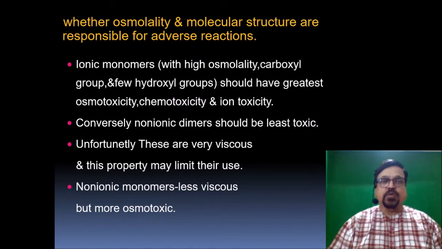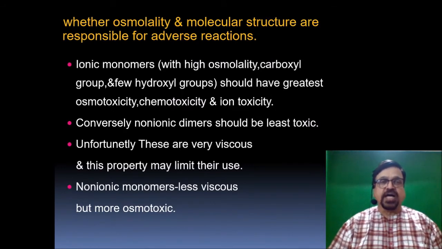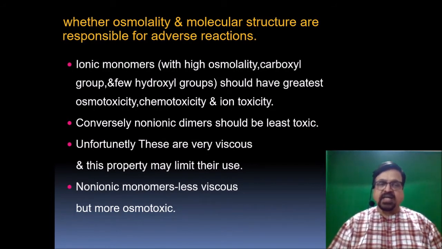Now, whether osmolarity and molecular structures are responsible for adverse reaction? Yes. Ionic monomers with high osmolarity, carboxyl group and few hydroxyl groups should be the most toxic. Conversely, non-ionic dimers should be least toxic.